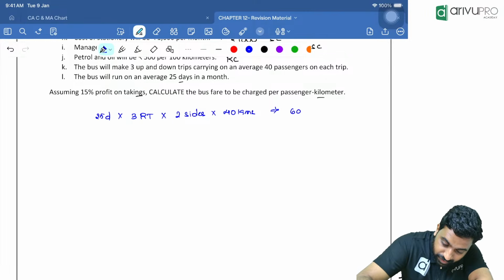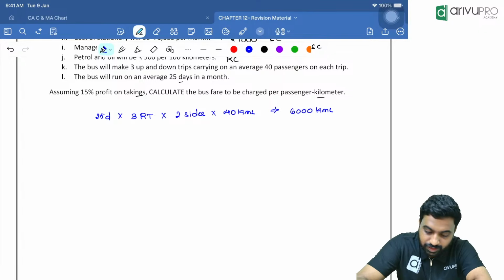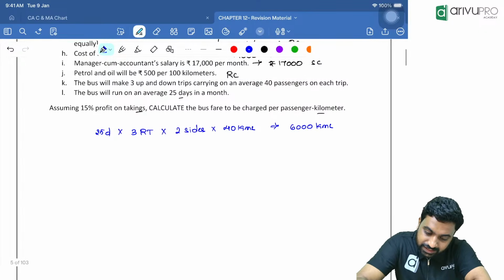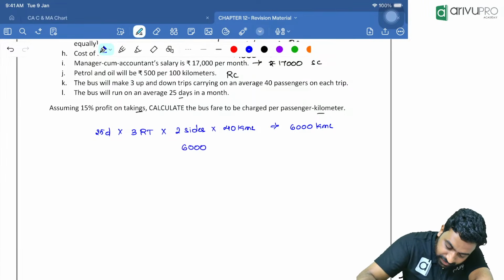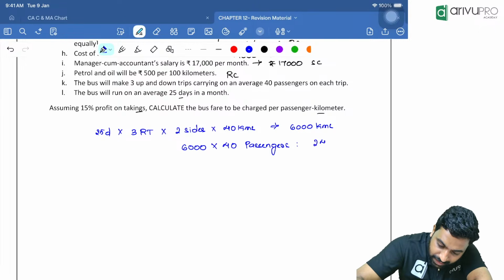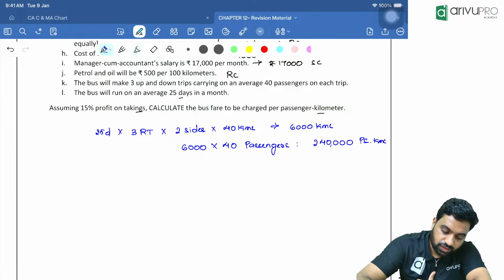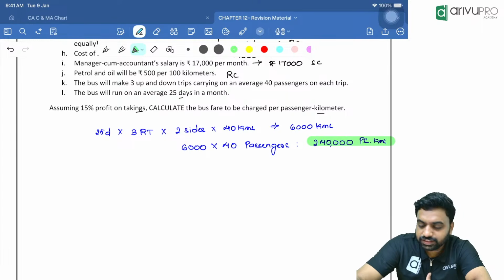So in any given month, we are traveling for 6,000 kilometers with around 40 passengers. So my passenger kilometers will be 6,000 into 40 passengers, which is going to be 2,40,000 passenger kilometers. Is that clear?